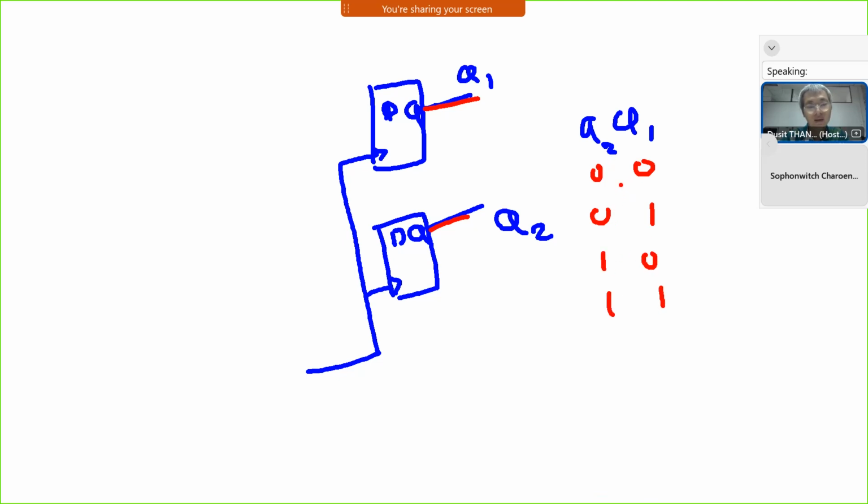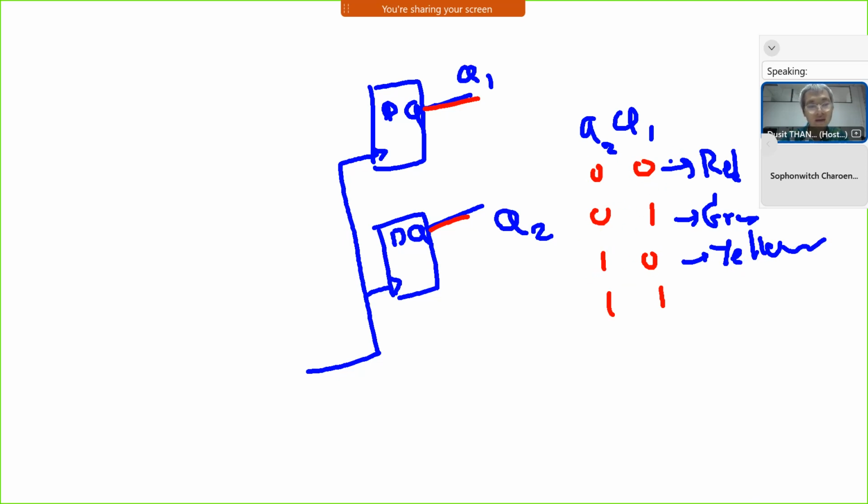So it can represent four situations. For example, for some traffic light, the state may show red, green, or yellow, to represent the status of the circuit.